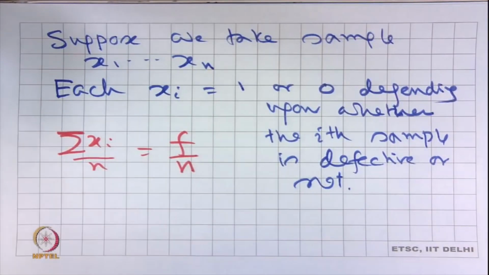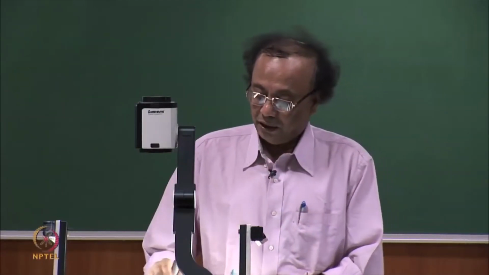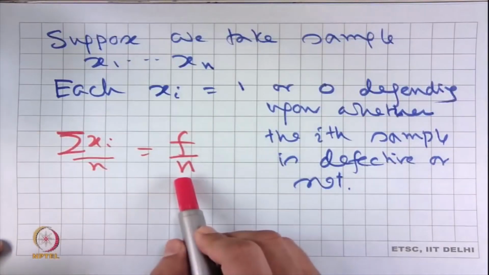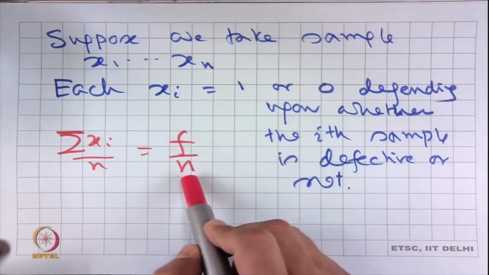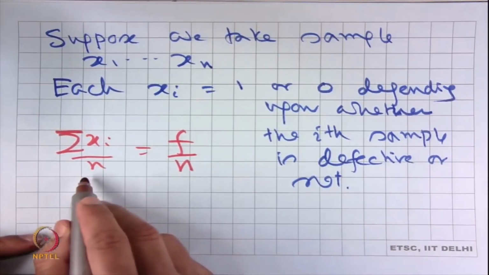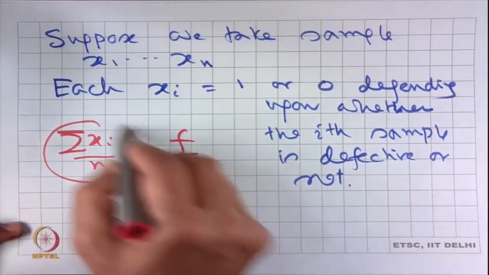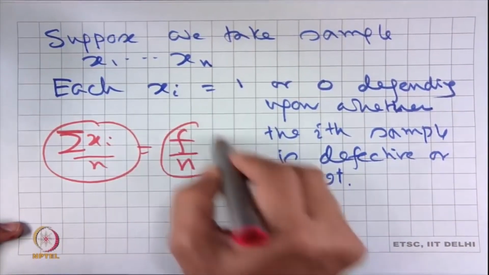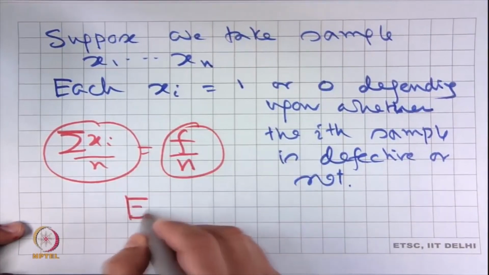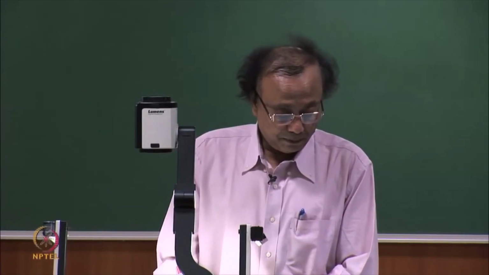So, instead of what we have done earlier with respect to population mean and sample mean, now we have converted that, by changing the variable, into the problem of proportion, and we know that the sample mean is an estimate of population mean. Therefore, sigma xi by n, which is f by n, its expected value is truly the population mean. Therefore, the sample mean can be used as an estimate for the population mean.